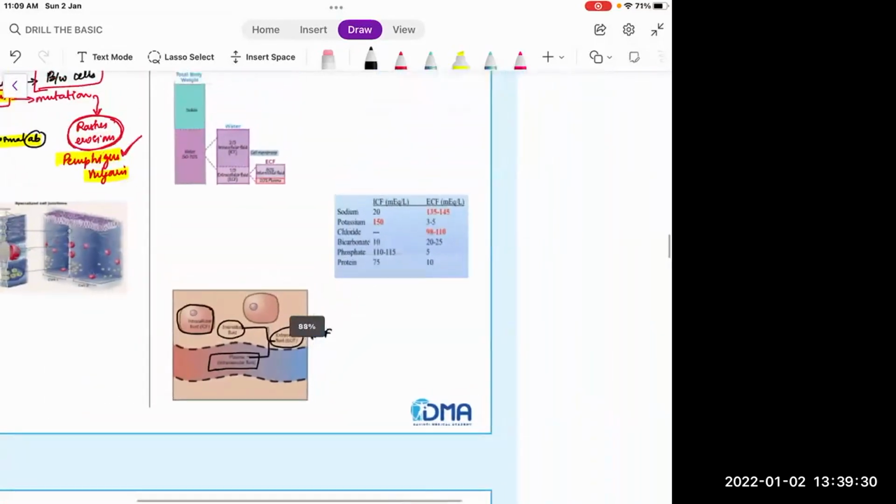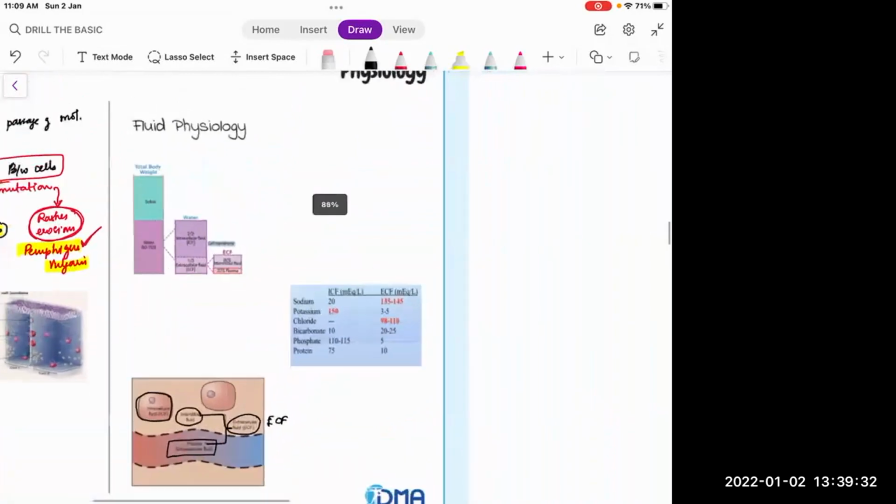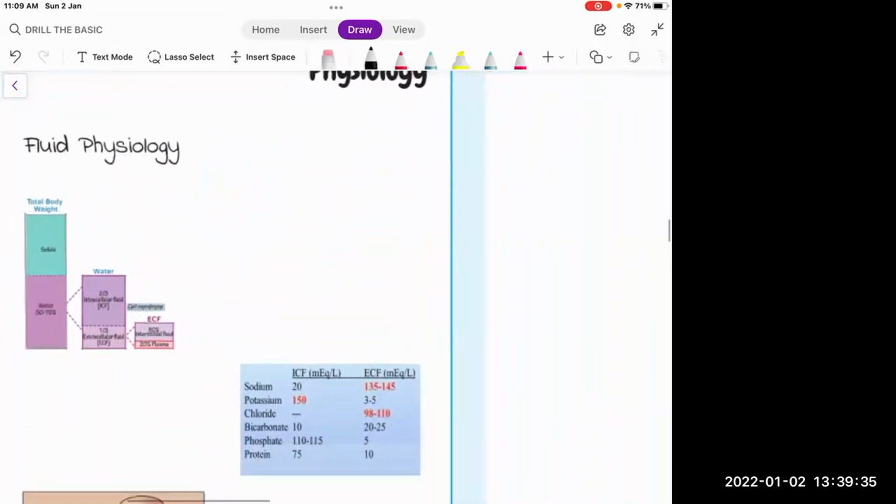And in this fluid composition, the important content you have to remember is the total body fluid. You have 60%. So among the total body weight, 60% of the weight is given by the fluids. In that, intracellular fluid constitutes 40%, whereas the extracellular fluid constitutes 20%.